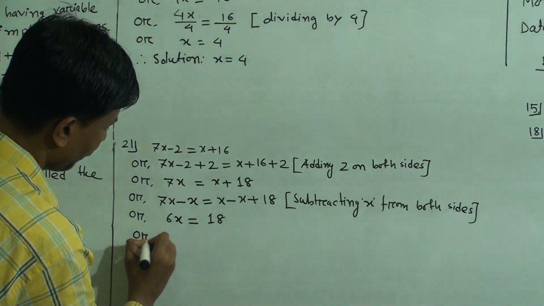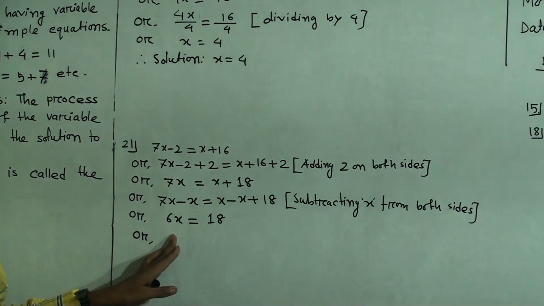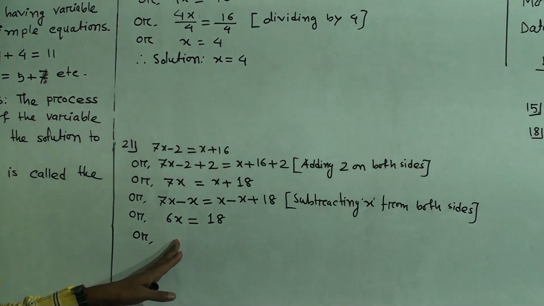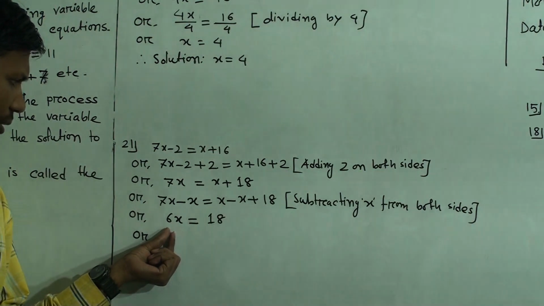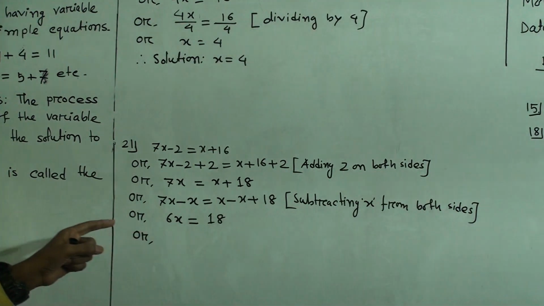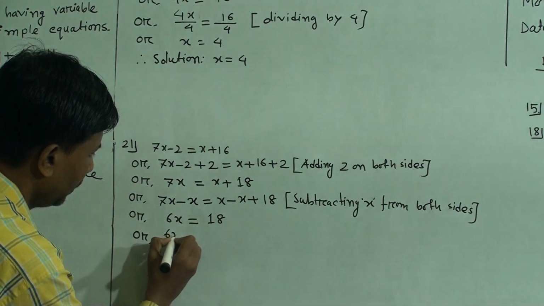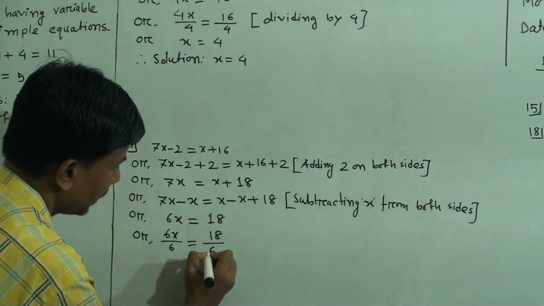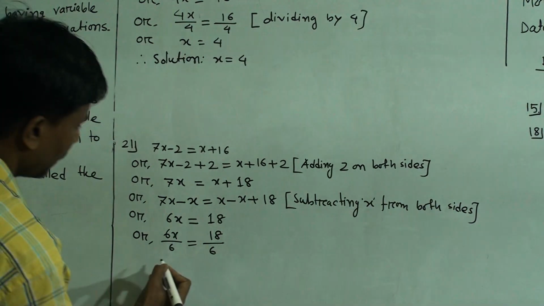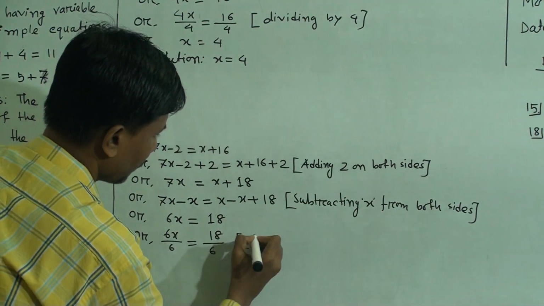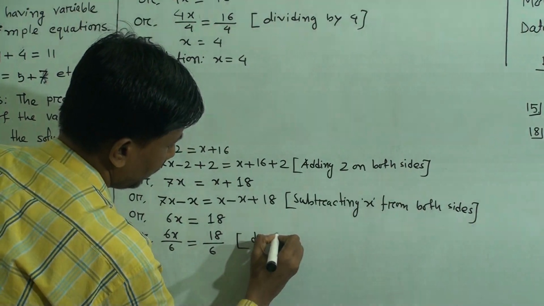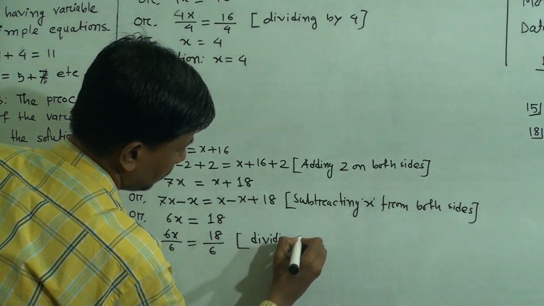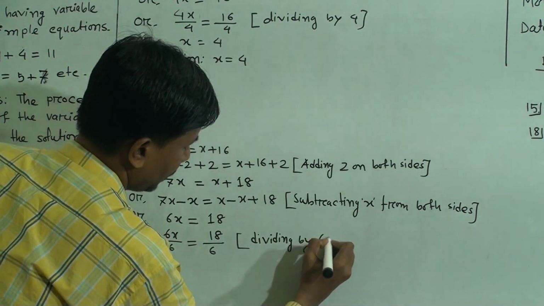Now see, here the coefficient is 6. So we have to divide this equation on both sides by 6. Like this way, 18 by 6.